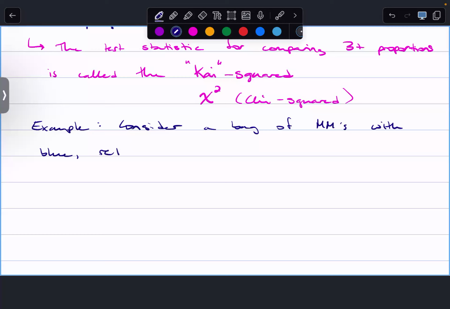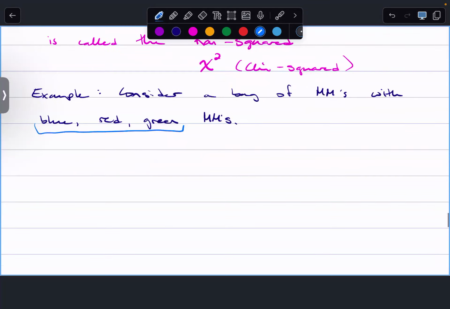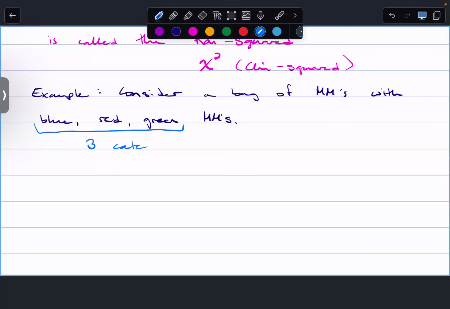Blue, red, and let's say green M&Ms. I know there are more, but let's just keep it simple for 3 colors, right? The same method applies for 4 groups, for 5 groups, 6 groups. But just to develop the idea behind the chi-squared, let's just focus on 3 groups. Right? And so here I have 3 categories.